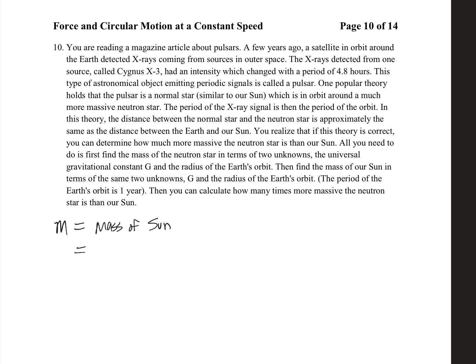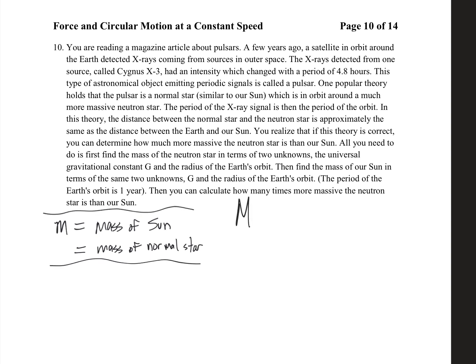Little m, you need to think about it two-way, mass of sun or mass of a normal star. So in this problem, we're going to think about our solar system and then extrapolate that out to others. So sort of have some notes here.